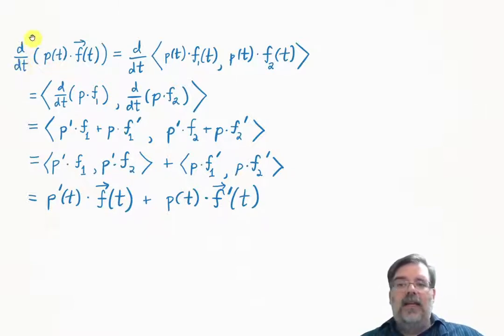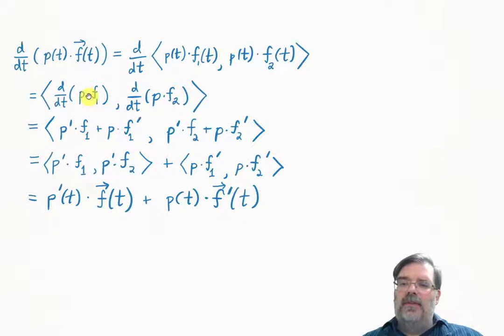If we're calculating the derivative of a regular function times a vector function, we could go ahead and multiply that function p through to the vector function. So each component is multiplied by p. And then we're calculating the derivative of a vector function. That's going to be the derivative of each part. And here I'm going to drop the of t. That just makes this a very long and hard to read expression.